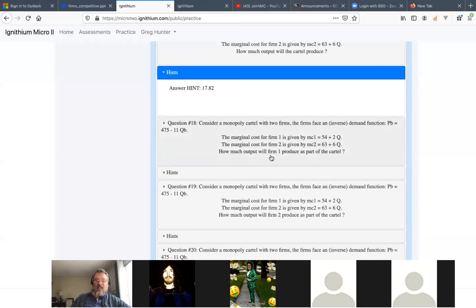Well, it says output for firm one. For firm one. Oh, no, I did not do that. Okay. Do you want to do it really quickly? Or if anybody else has it, you can go ahead and type it in the chat.